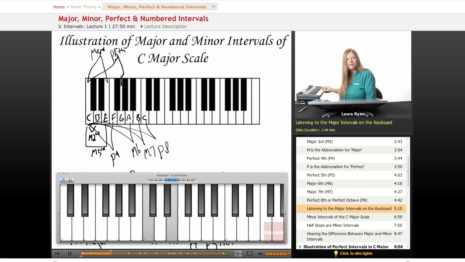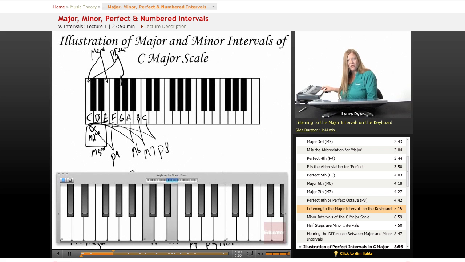C to E. This is a major third. It sounds happy. Ear training is a part of theory, and when you can identify intervals without much time or help, it's a sign that you're really learning and comprehending the inner workings of a scale.